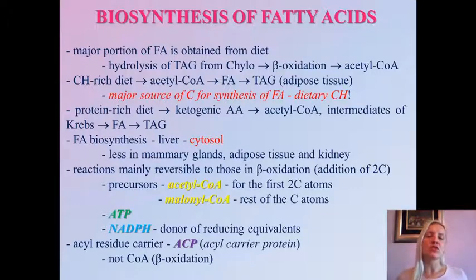Speaking of a protein-rich diet, of course, if you have excess amounts of proteins in the diet, more than cells need for protein synthesis, slightly increased catabolism of amino acids can occur. This is what we are going to discuss in future. Ketogenic amino acids can be degraded and catabolized to either acetyl coenzyme A, or some ketone bodies, or some intermediates of the Krebs cycle.